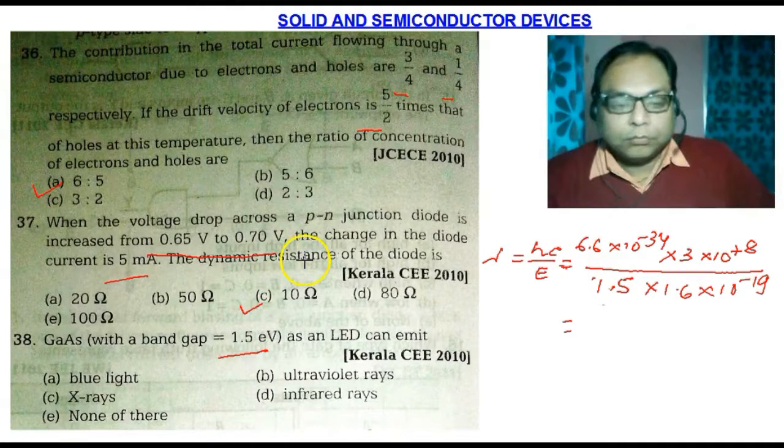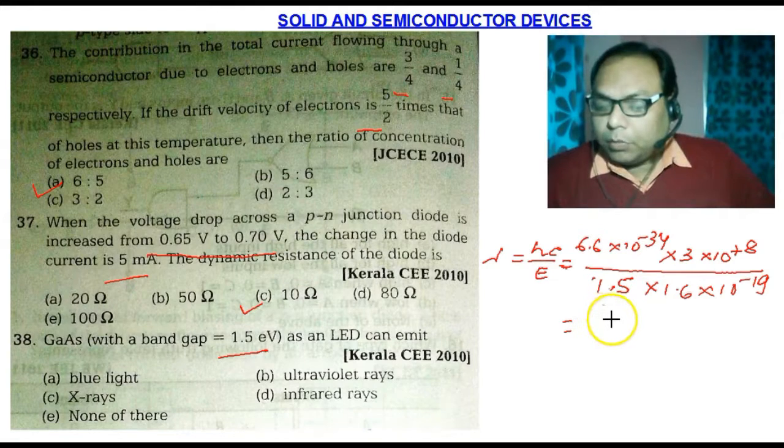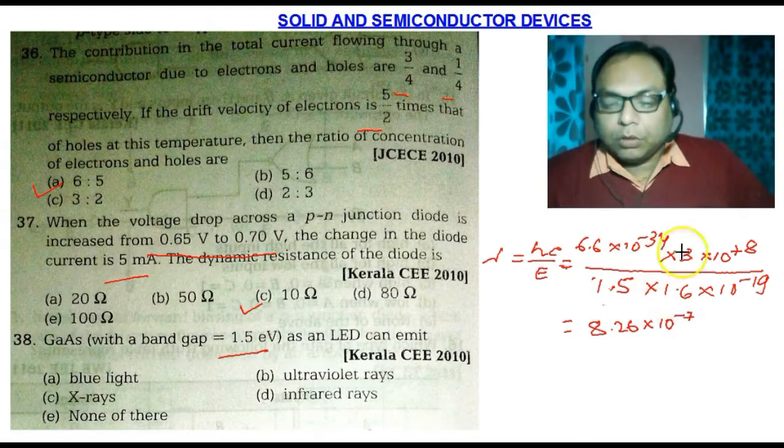By solving this, we will get 8.26 into 10 to the power minus 7, and that is almost equivalent to 8250 angstrom.